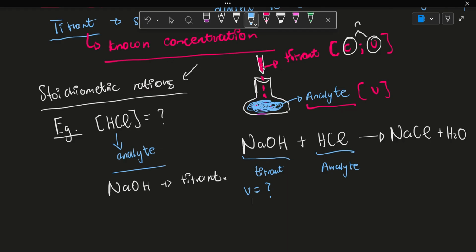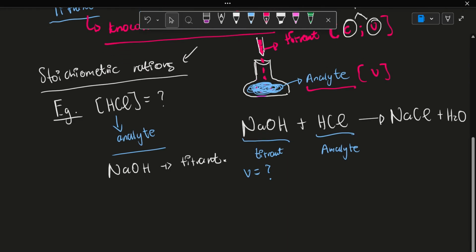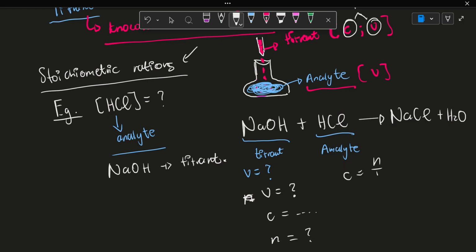From there, once I have measured the volume of sodium hydroxide that I've added, I would obviously know the concentration, and I can get the number of moles. Remember, C equals N over V, such that N equals the product of C and V. So these are the number of moles of sodium hydroxide at the endpoint.